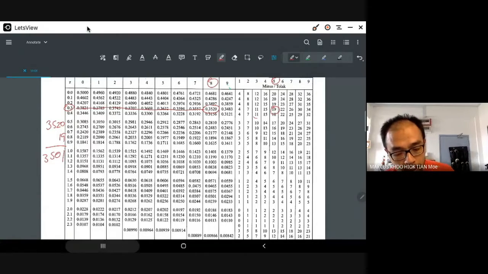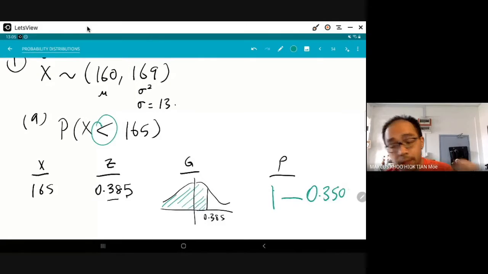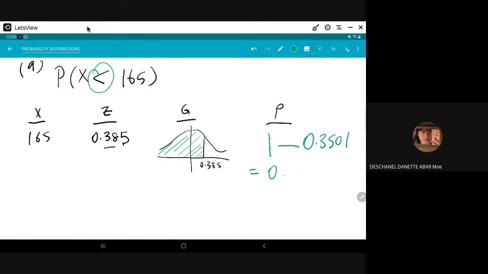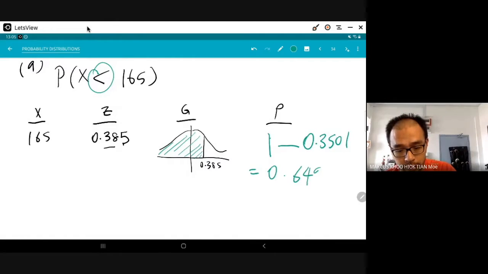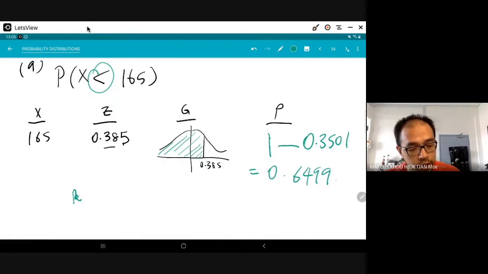Our answer will be 0.3501. But of course it is 1 minus 0.3501, because of the way we shaded our graph. So what is this answer? 0.6499. But does the question ask for probability or percentage? Percentage.